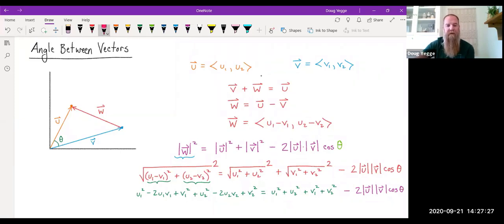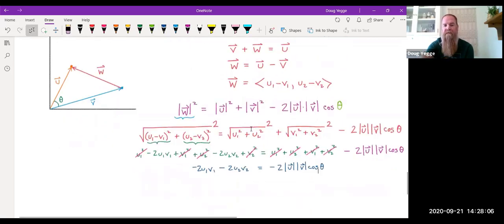But what you should recognize here is that if I subtract u1 squared from the right side, it'll cancel on the left. And the same thing with u2 squared, it'll cancel from the left. Same thing with v1 squared, it cancels from the left. And the same thing with v2 squared, it cancels from the left. So all we're left with here is negative 2 u1 v1 minus 2 u2 v2 is equal to negative 2 times the magnitude of u times the magnitude of v times cosine of the angle between them.